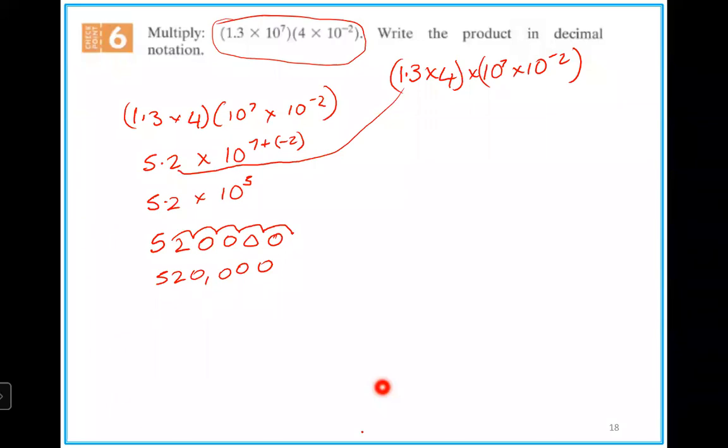And then 10 to the 7 times 10 to the minus 2 gives you 10 to the 5th power. Okay, thank you. So we reorder it, and then we simplify from there.